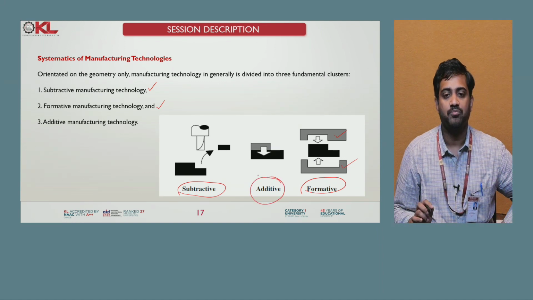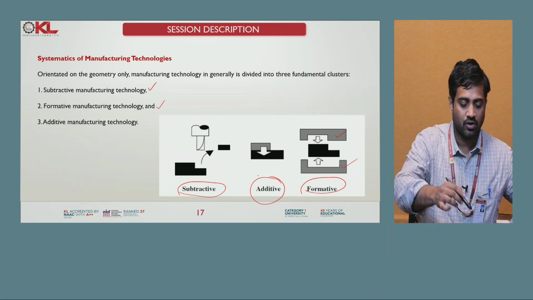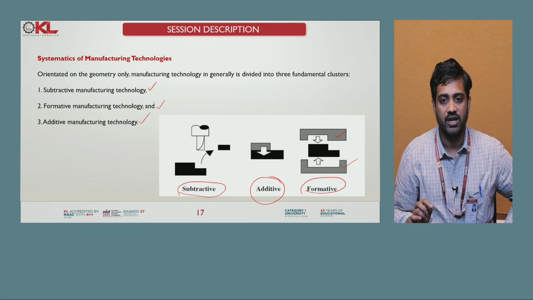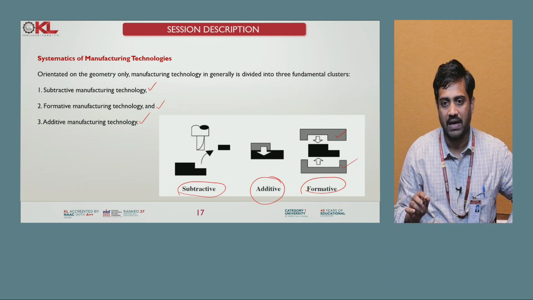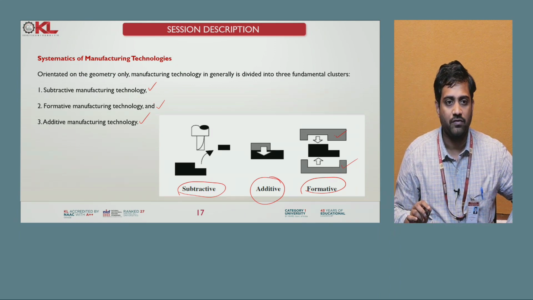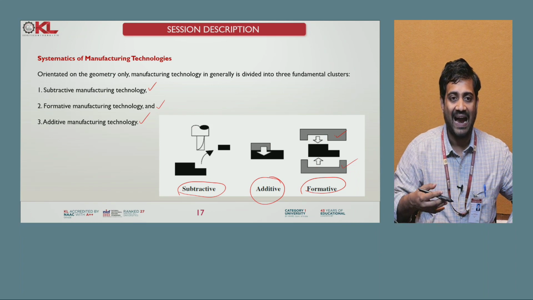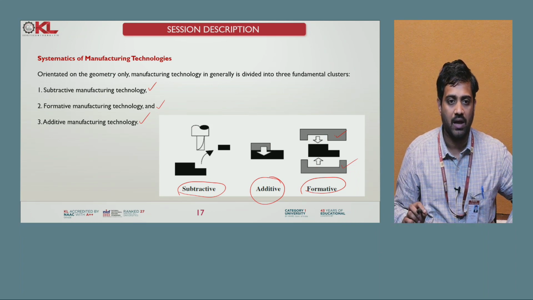And lastly, the additive manufacturing technology or additive manufacturing process. Additive is different compared with subtractive or formative. Additive manufacturing is nothing but adding material layer by layer to get a desired object.